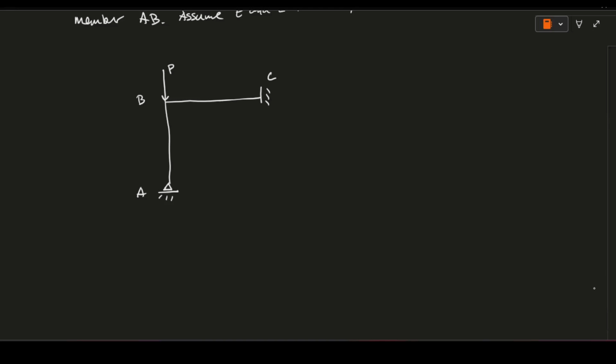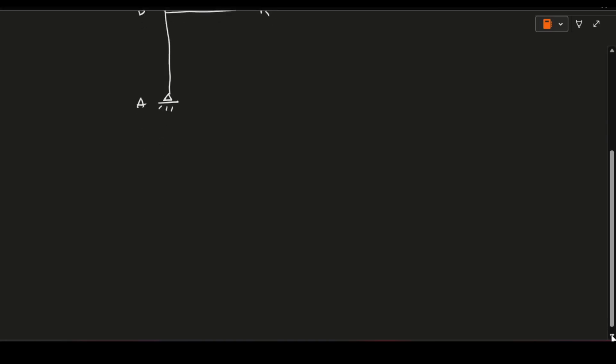So if I draw a diagram, this is AB, this is BC. We know that BC is rigid, meaning that there's a moment transfer in the joint. A, B, and C, and we have a load P there.